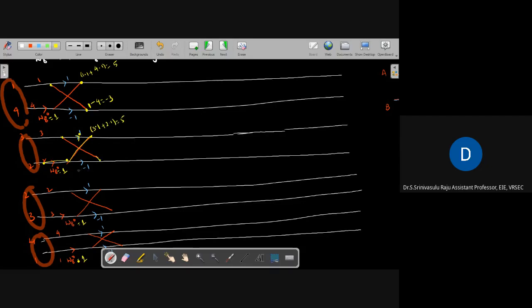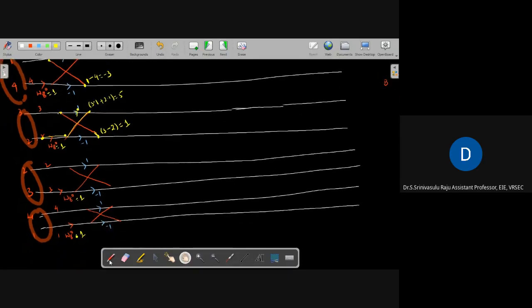And for the odd sequence, 3 will pass here, and we have 3 here, so 3 minus 2 into 1, 2 ones are 2, into minus 1, minus 2. So 3 minus 2, we have 1.